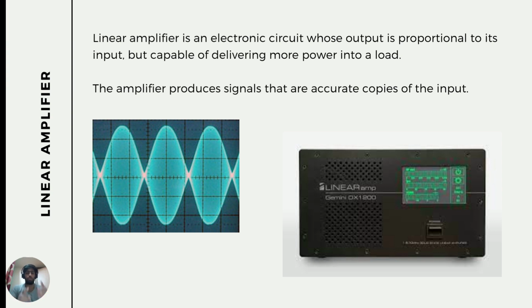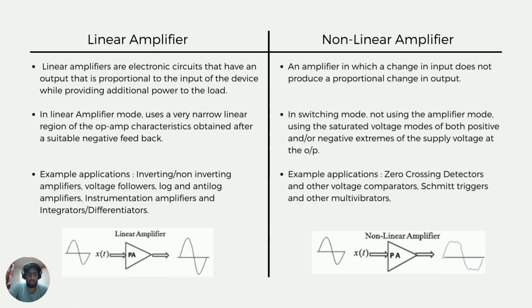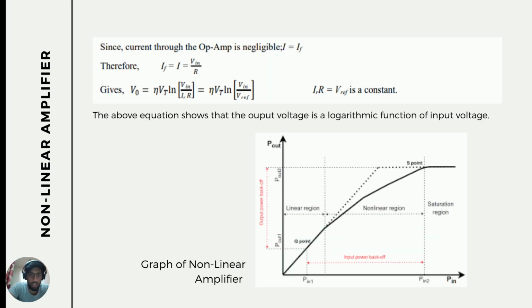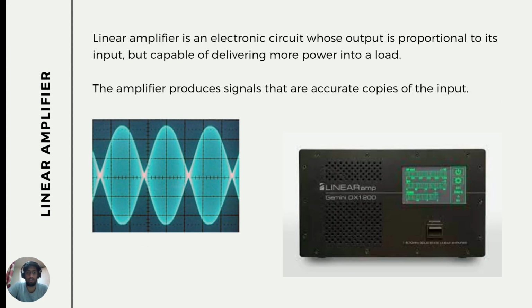When you plot this linear amplifier's output to input graph, there's a straight line. There's no curve, like you can see here in this graph. In the linear region, there's always a straight line. This is the role of a linear amplifier.